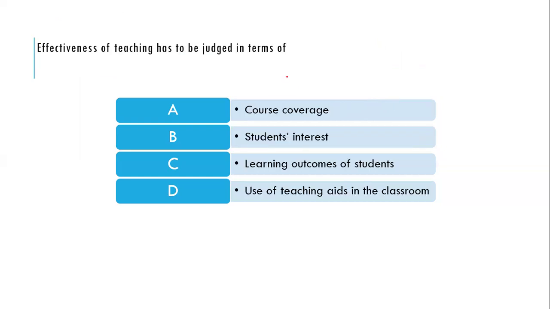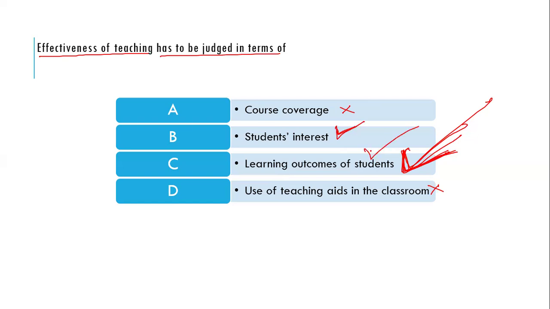Okay. Then, the effectiveness of teaching has to be judged in terms of course coverage, no. Students' interest, maybe. Learning outcomes of the students, yes, definitely. Use of teaching aids in the classroom, no. So learning outcomes of students would be the best option given here, because student interest can vary, but outcome is important.